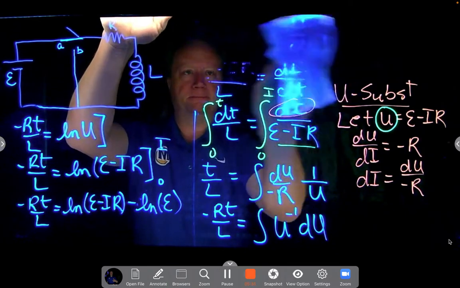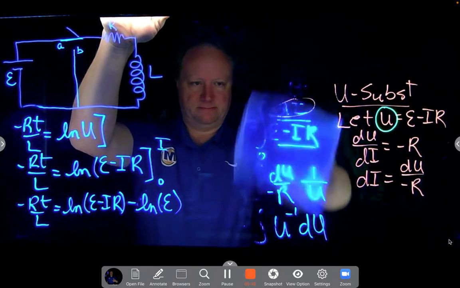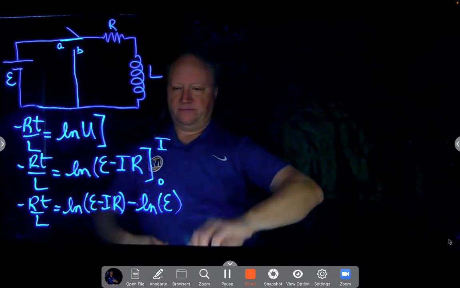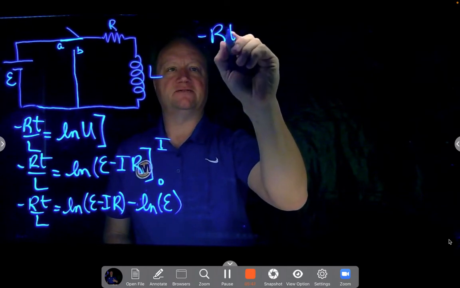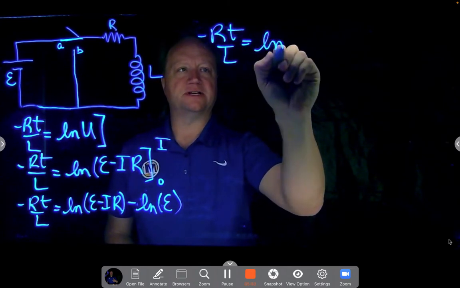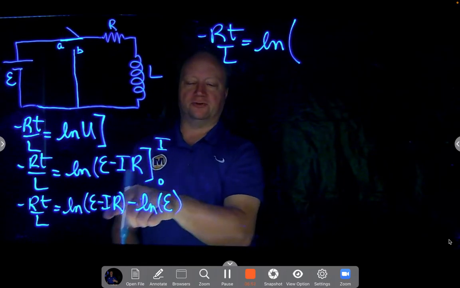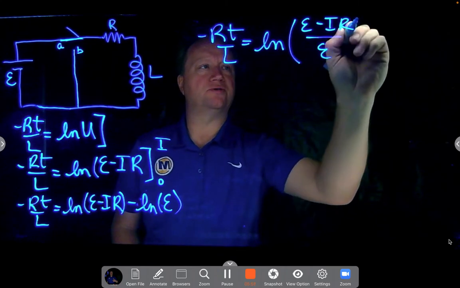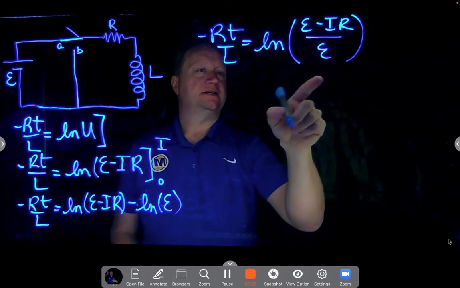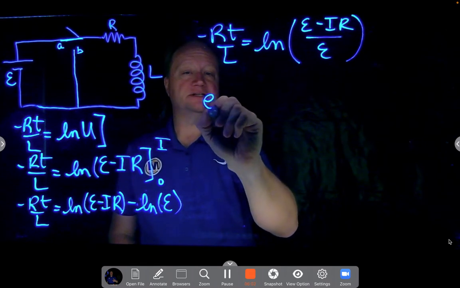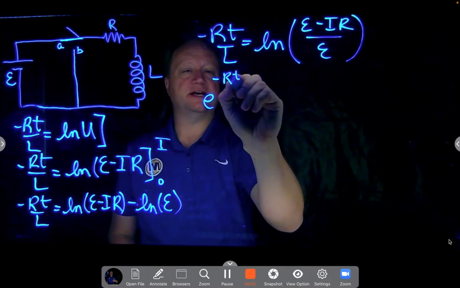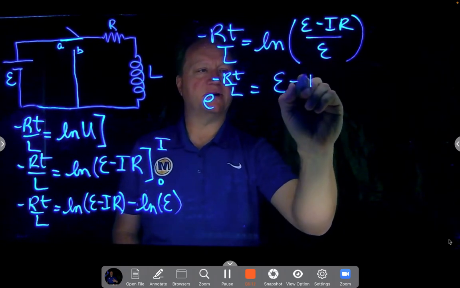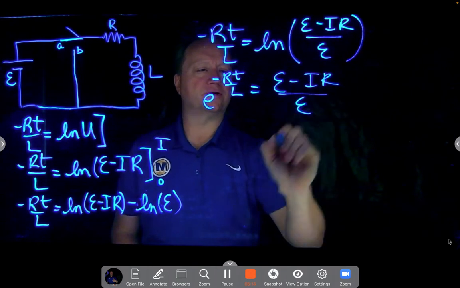Simplifying that down, I get negative Rt over L equals the natural log. The difference of two natural logs becomes the ratio: EMF minus I times R over EMF. Get rid of the natural log by raising to the e, so this is e to the negative Rt over L is equal to EMF minus IR over EMF.